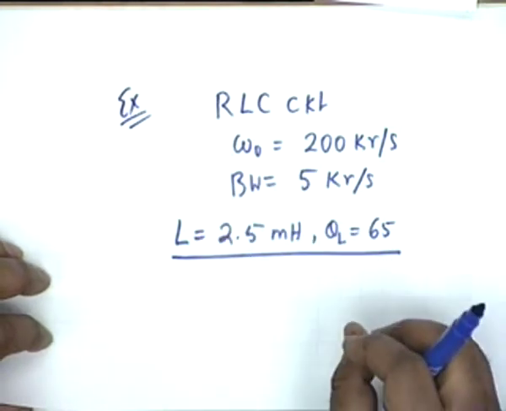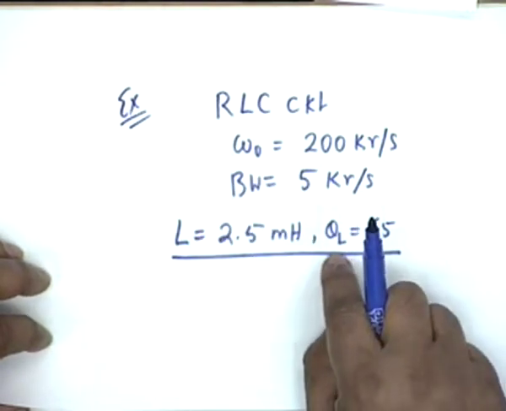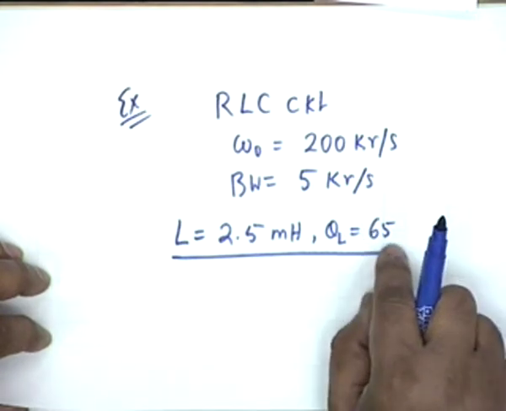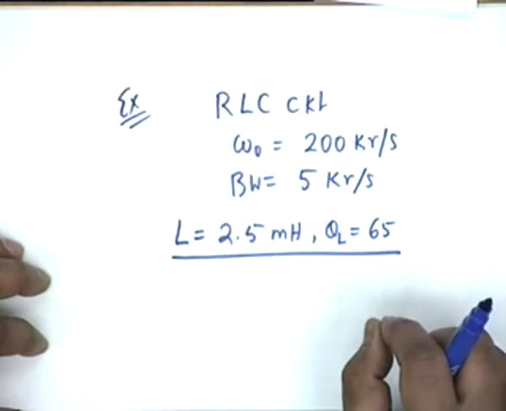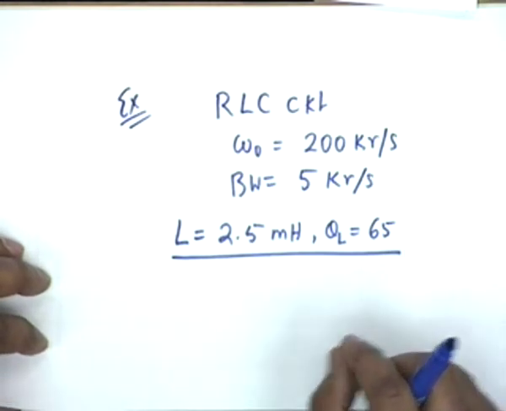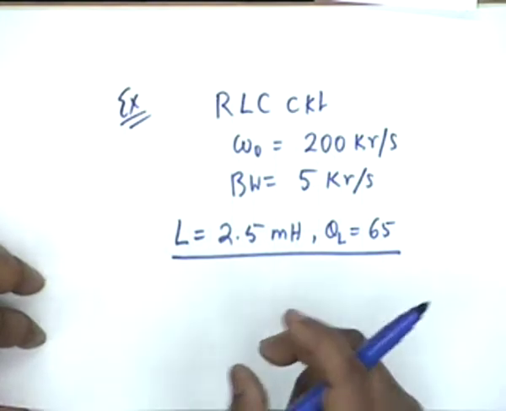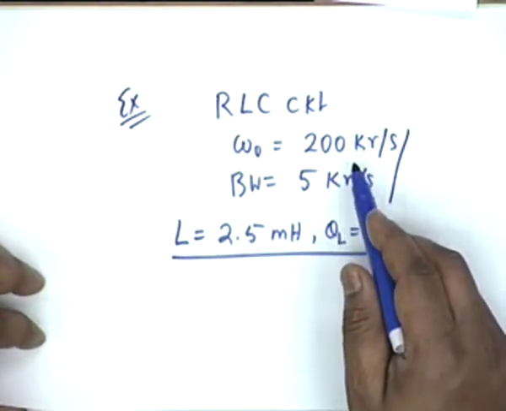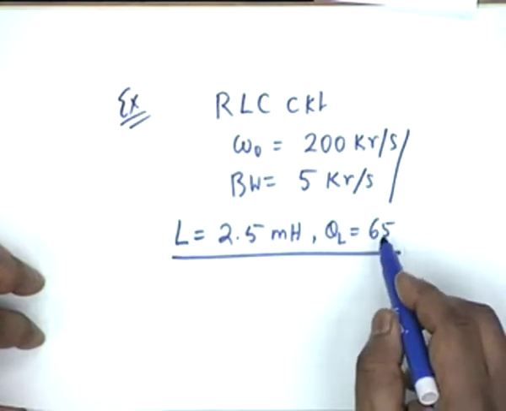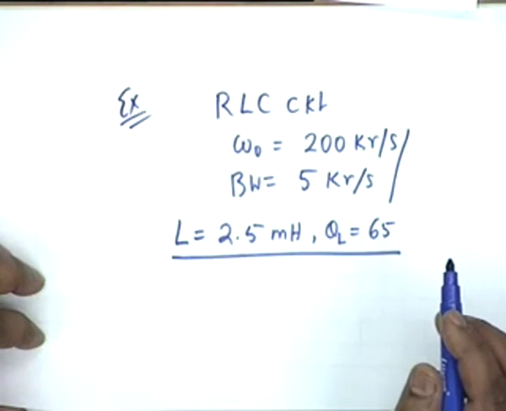It has certain resistance, which is not expressed directly but in terms of Q, and Q is 65. Now, do you see that in this circuit you have to add a resistance? Yes, because the selectivity, as you can see from here, is 40, and therefore it has to be reduced from 65. In other words, you have to add a resistance.